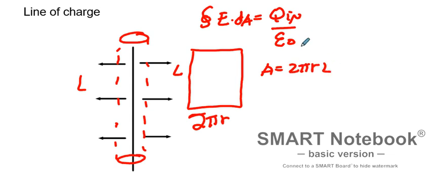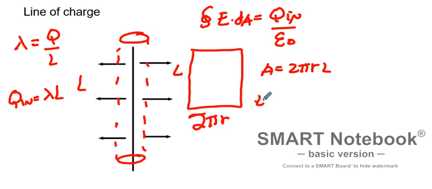Now what about Q inside? Let's call this a linear density, lambda, equal to Q divided by length L. So what would Q inside equal? Q inside is going to then equal lambda L. So now we can plug this into our equation here.